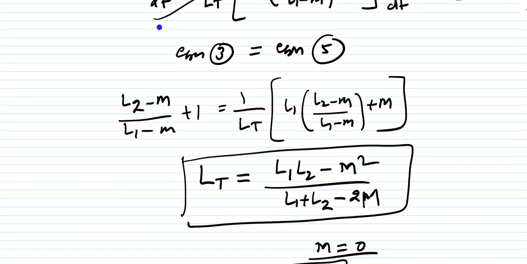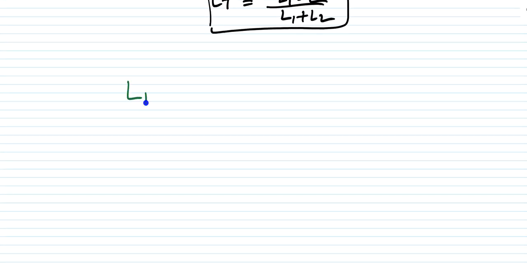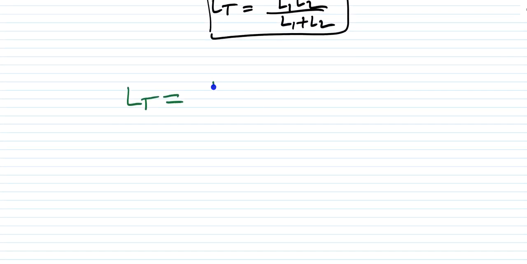Then what is the LT you are going to get for that? The L total for that is L1 L2 minus M squared by L1 plus L2 plus 2M will come.